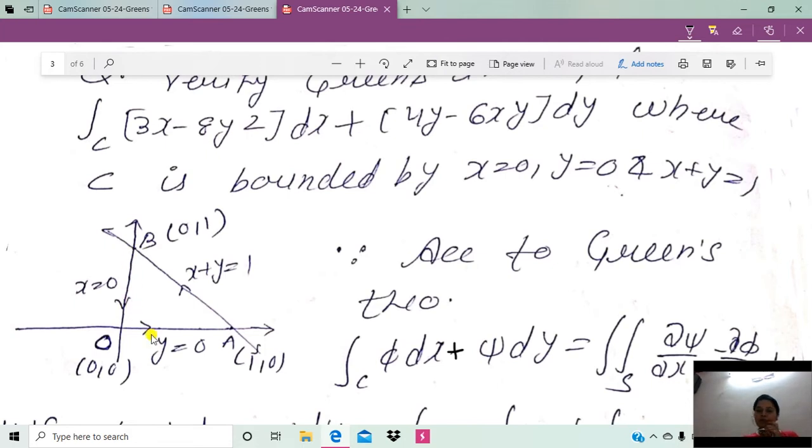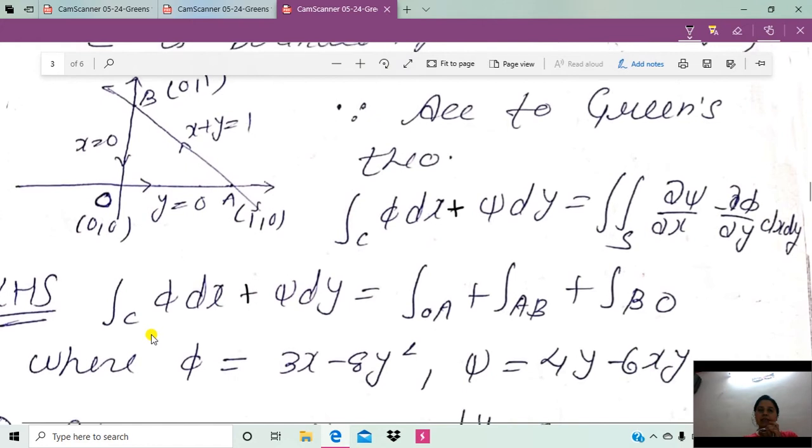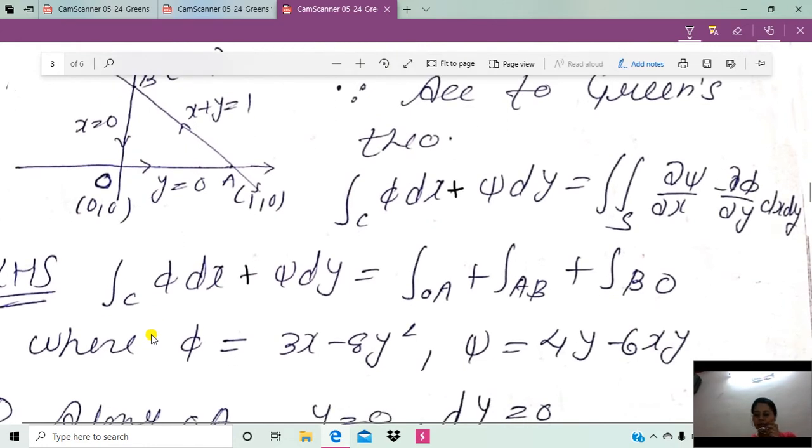So the left hand side now has three parts: along OA, along AB, and along BO, where phi is 3x - 8y² and psi is 4y - 6xy. So along OA the value of y is 0, therefore the value of dy will be 0.